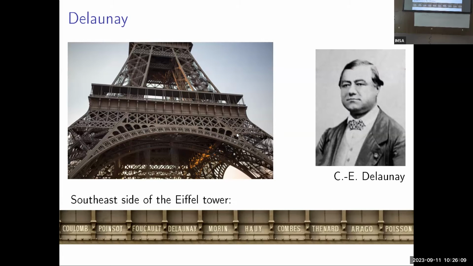Have you ever checked your mathematical ancestors on the Mathematics Genealogy Project? Delaunay is in mine.